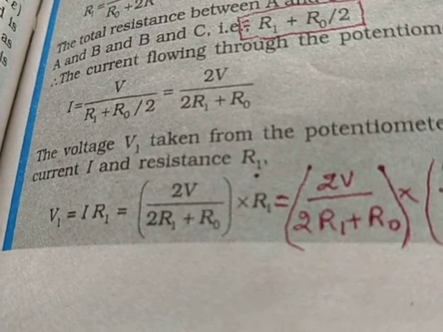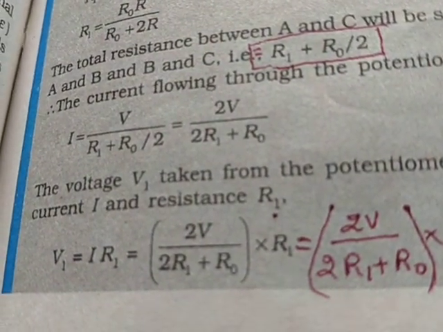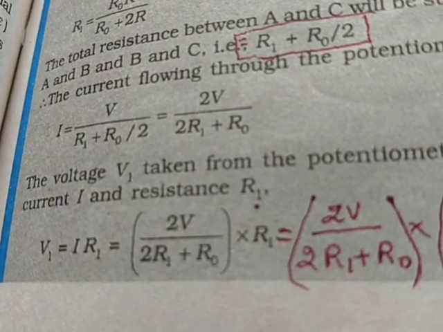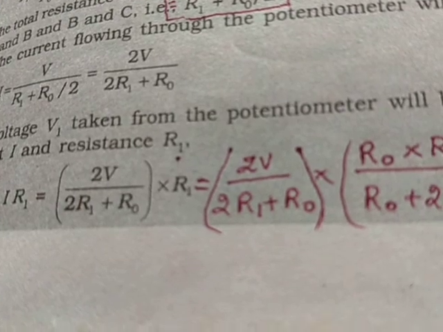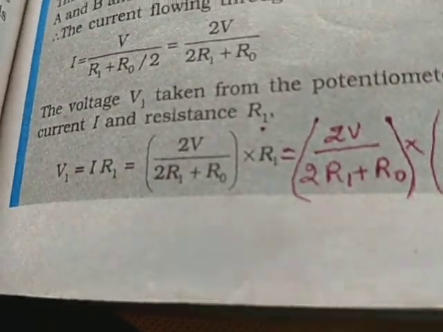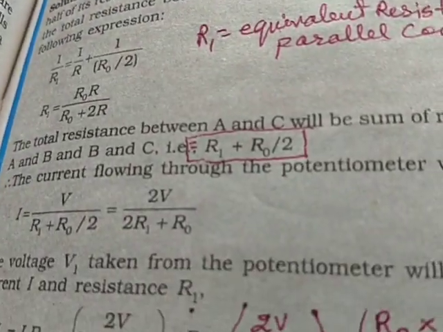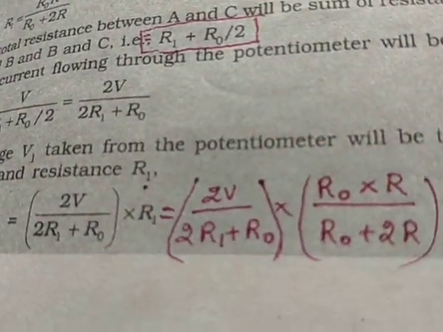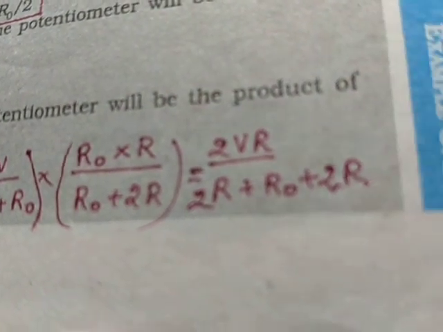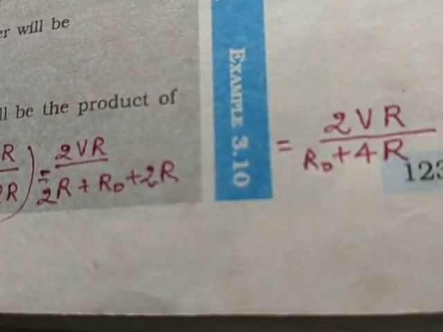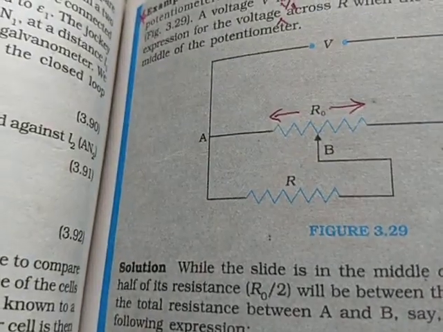And the current drawn, as we have just seen, is 2V by 2R plus R0, and that multiplied by R1, the equivalent resistance of the parallel combination, gives us the total potential drop across the point AB.